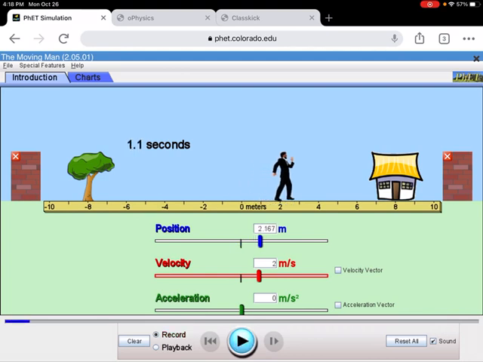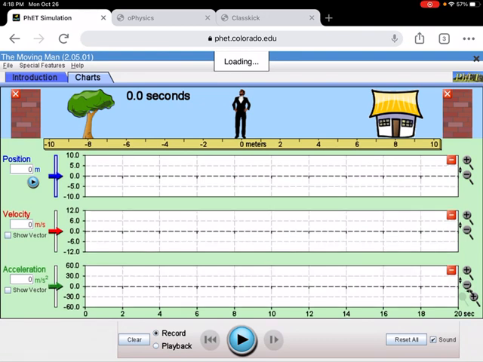And in another second, he will end up at 4 meters. Basically we can see his motion, and we can see how his motion is related to his position and velocity.